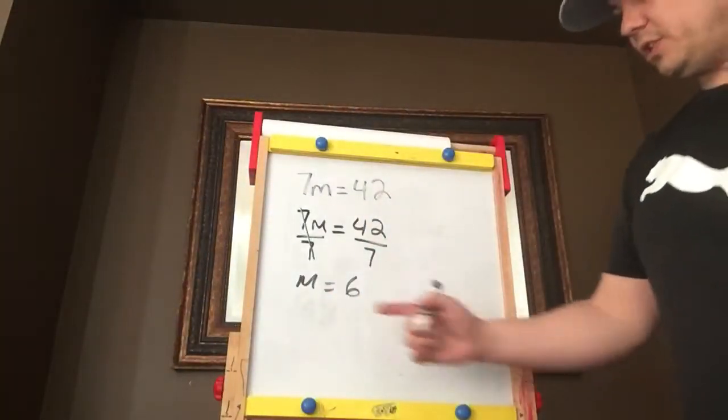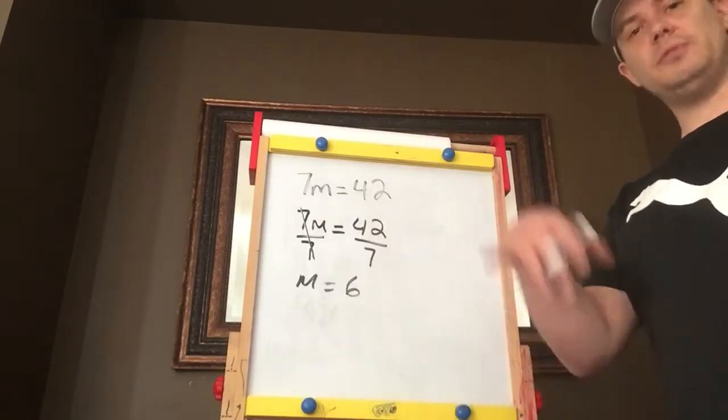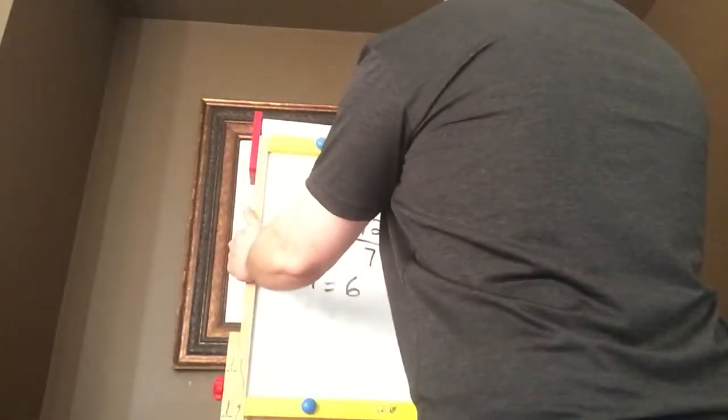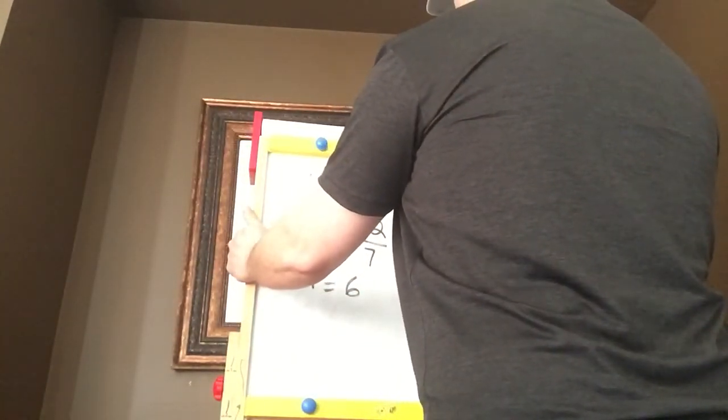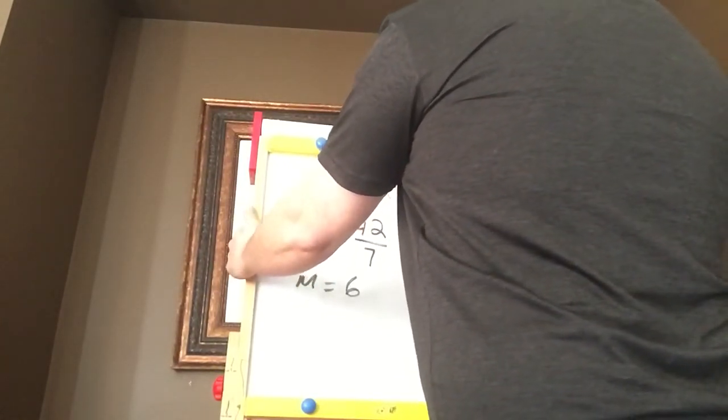Okay, now if we're checking our proof, we just need to take that amount for that variable, substitute it into the equation, and start solving. Rewrite the equation for your proof. And substitute in.